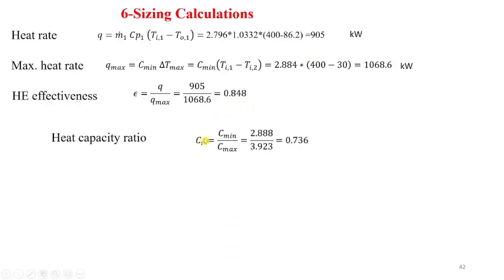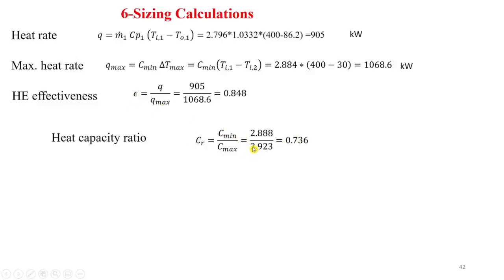The CR, what we call heat capacity rate ratio, is actually C min divided by C max. We know C min and we know C max, so if you divide C min by C max, you get 0.736. Now we know that from a basic heat exchanger, if you know the effectiveness and you know the CR, you can find the NTU.